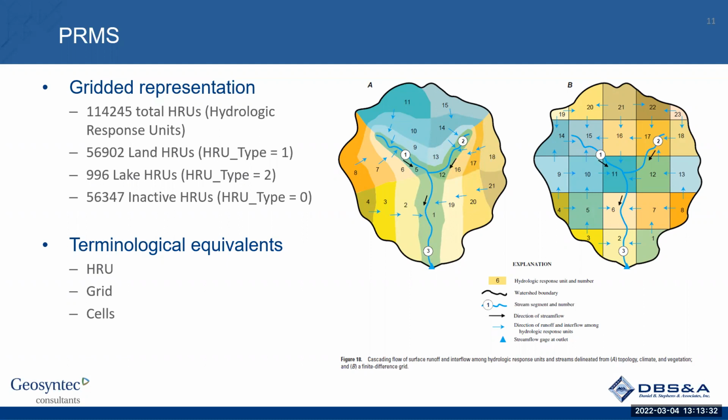There's 996 lake HRUs, and that has an HRU type of 2. And there's another 56,000 or so inactive HRUs, which are the HRUs outside the watershed, that have an HRU type of 0. I might use terminological equivalents for HRU, say a grid or a cell. That's the same as the HRU when I'm talking about it.